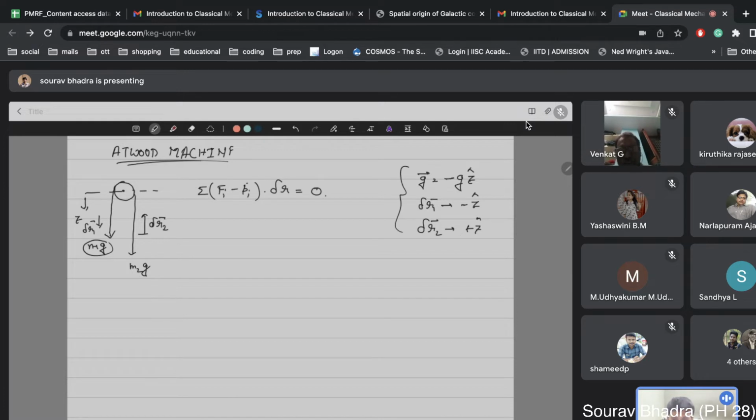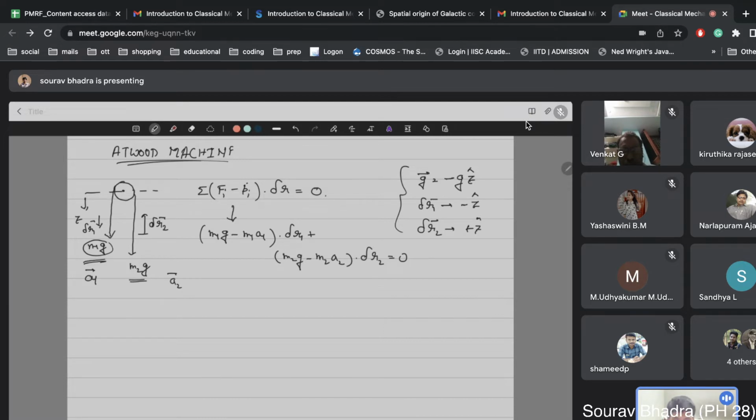Now if we write this equation in the open form, it will be m1g minus m1a1, where a1 is the acceleration. We have assumed that for mass m1 the acceleration is a1, and as the string is incompressible, the same magnitude of acceleration, and for mass 2 the acceleration is a2. The accelerations will not be the same as the masses are not the same. So the total equation will be like this: plus m2g minus m2a2 dot delta r2 equals 0.